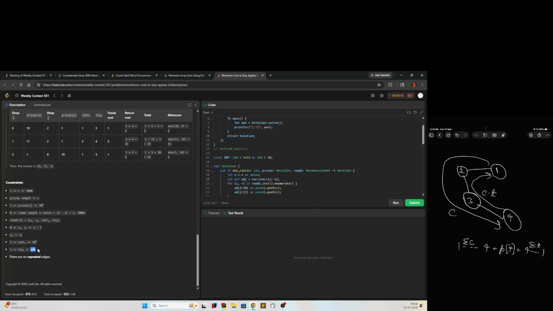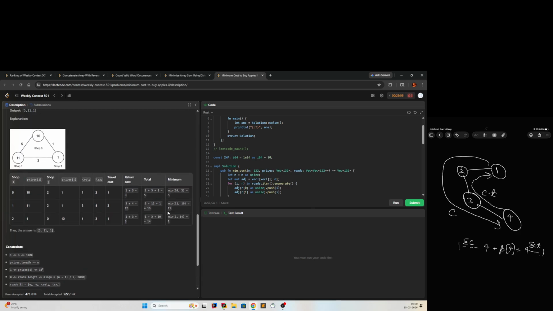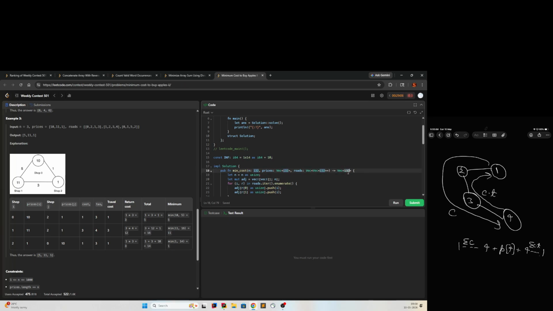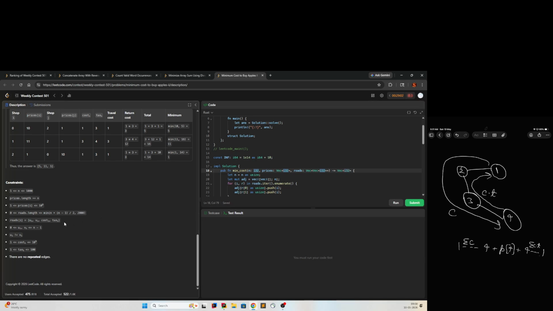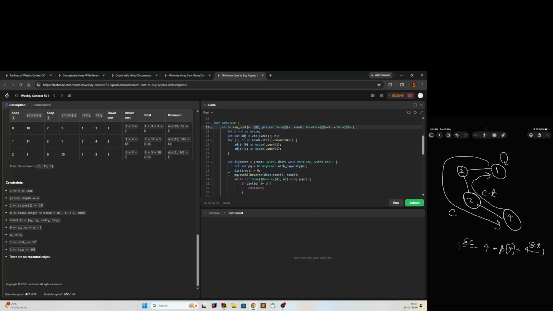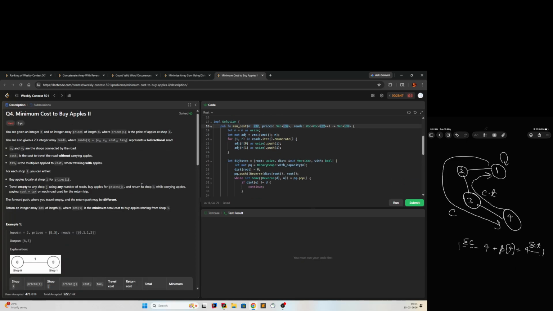So if we multiply these, we can get integer overflow, but the answer always fits in i32. The reason is that, in the worst case, we decide not to travel but only to buy the apples from that node. So the maximum answer cannot exceed the price of the ith node. So it will be in i32 only, even though the Dijkstra might give us something else.